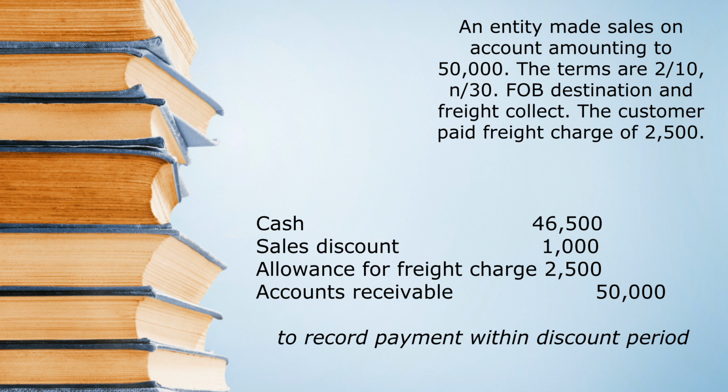So you just have to multiply the 2% to 50,000, and you should get 1,000. So where are we now? We have to debit also the allowance for freight charge 2,500 and credit accounts receivable amounting to 50,000.